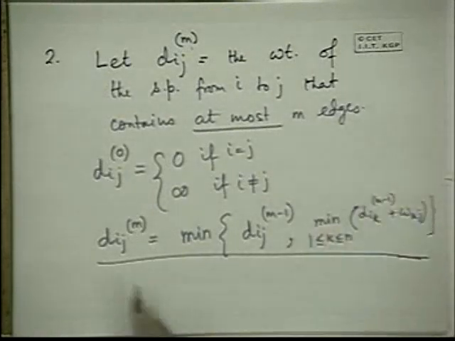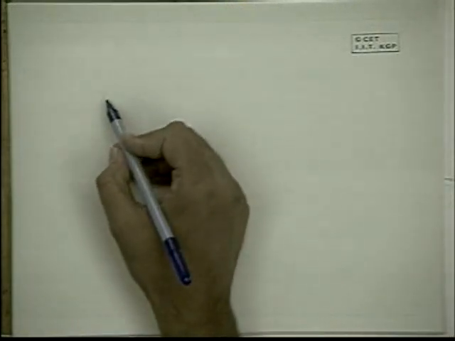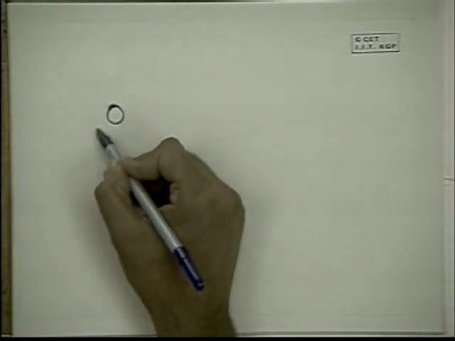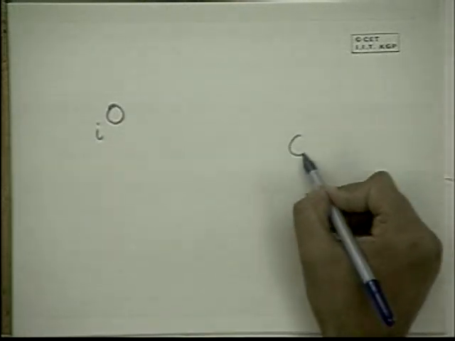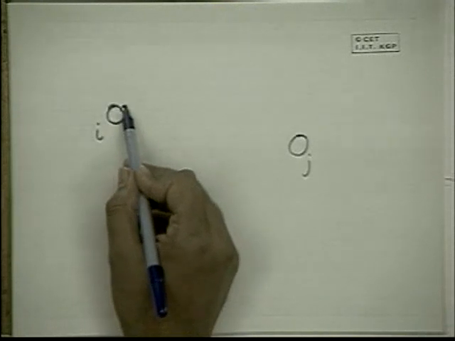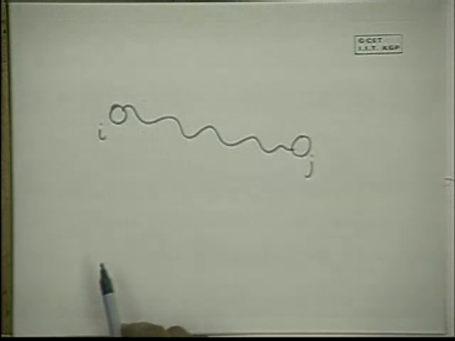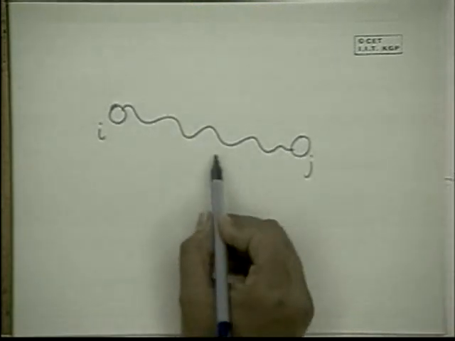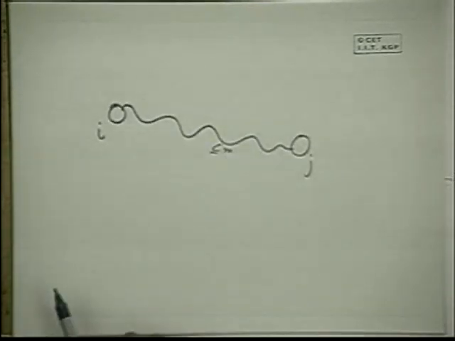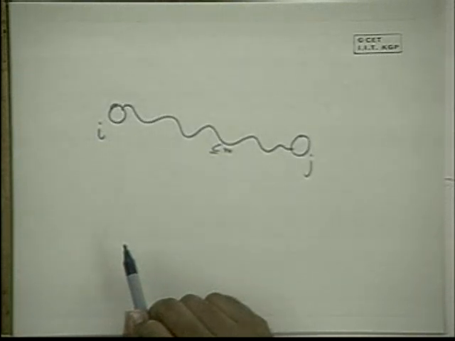Why are we getting this? Let me explain using a picture. What is D_ij m? You take the vertex i here and the vertex j here. Suppose there is a path, the shortest path from i to j, which uses at most m edges, and the weight of this path is D_ij m.